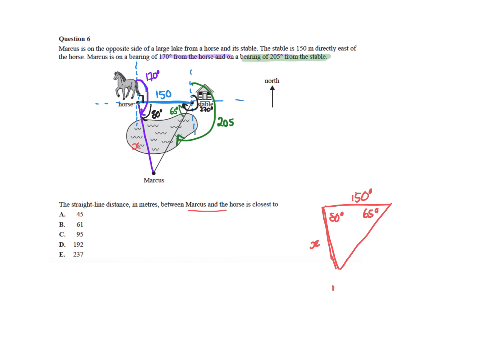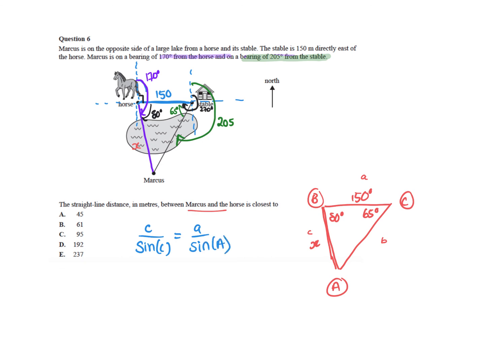If I just label up the sine rule, I have to use C because that's the question. This is little c, this is little a, and this is little b. I'm going to use A because they gave me side A.